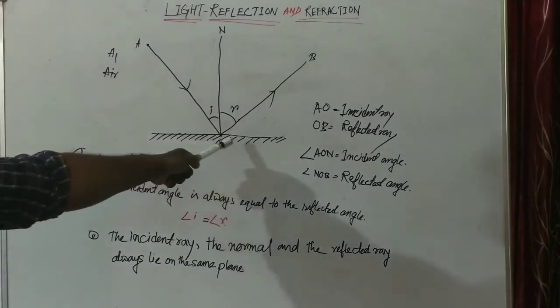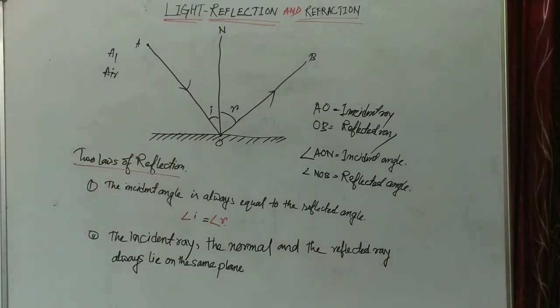In this polished surface, from a source A, we have an incident beam of light from A to O. That's why I have given an arrow mark from A to O. Once it is incident on a polished surface, what happens?